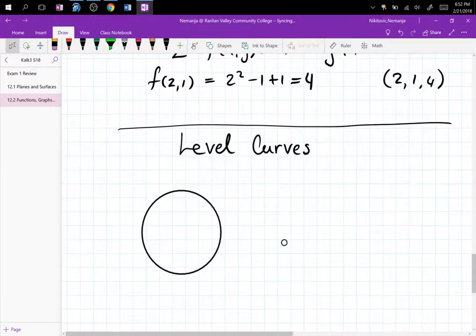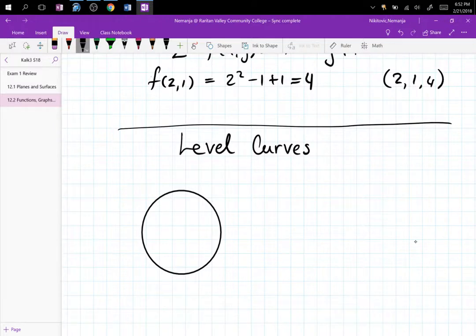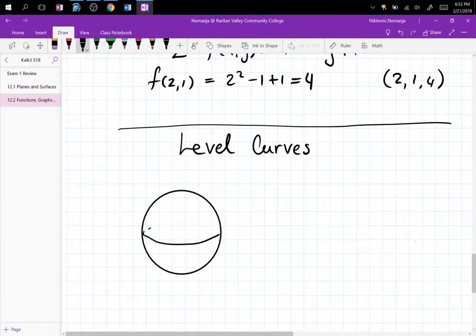There we go. So what I'm going to do now with this circle is to make it into a ball. So you make a circle and you make it into a ball. And now what I'm going to do is I'm going to start cutting this.